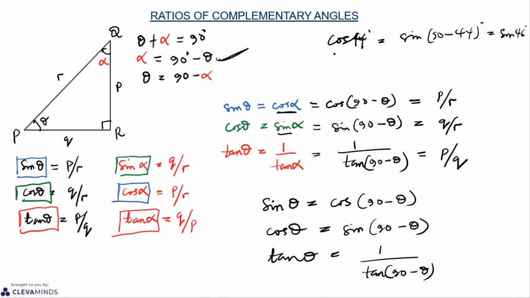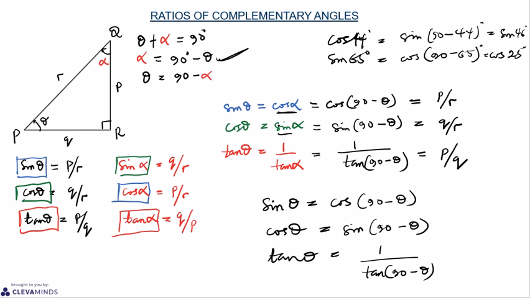The same thing if you have sine 65: that gives us cos 90 minus 65 degrees, which is cos 25 degrees. And so on and so forth.